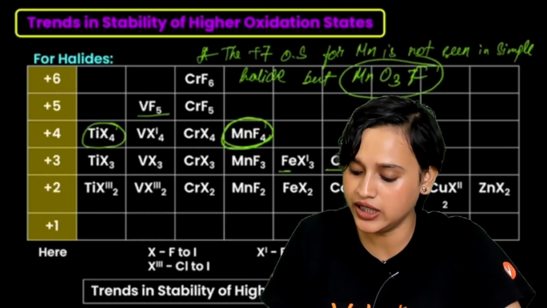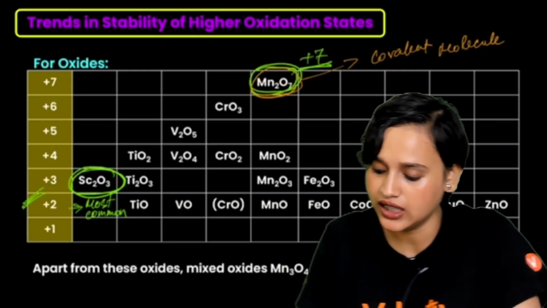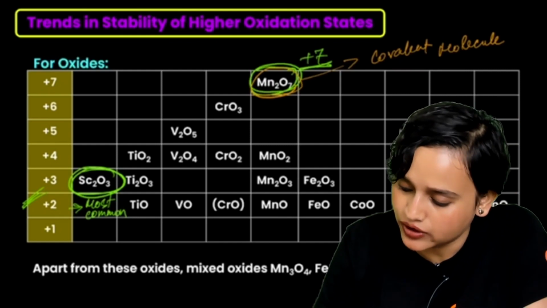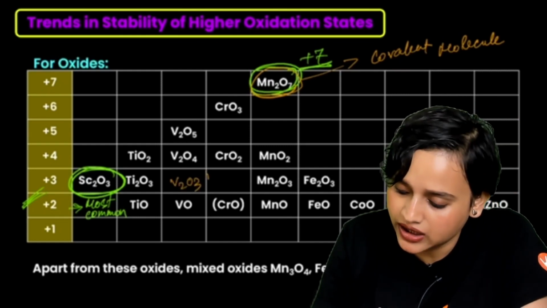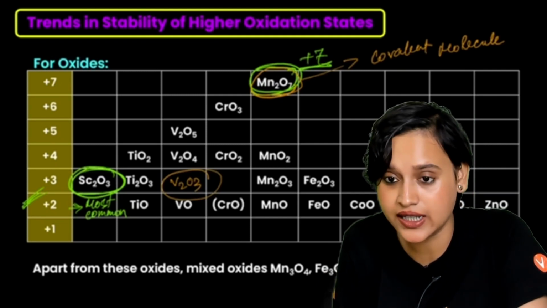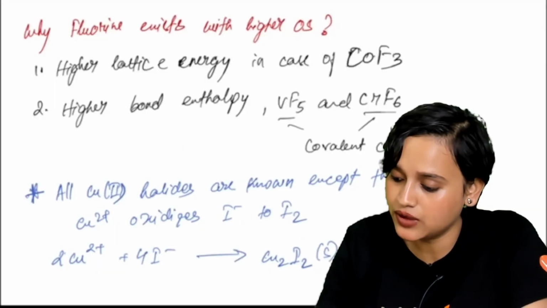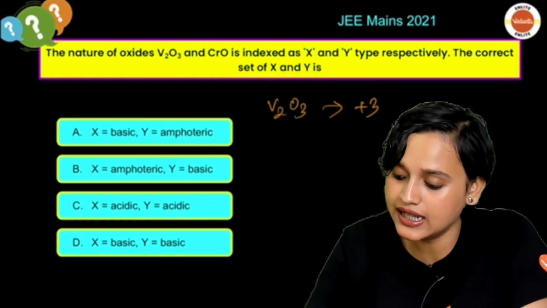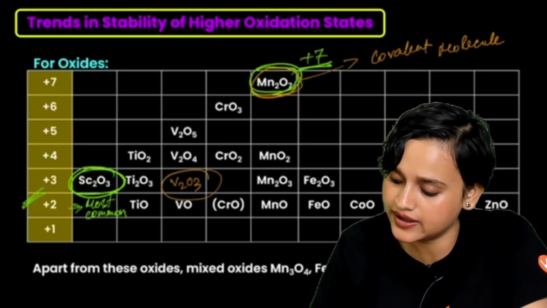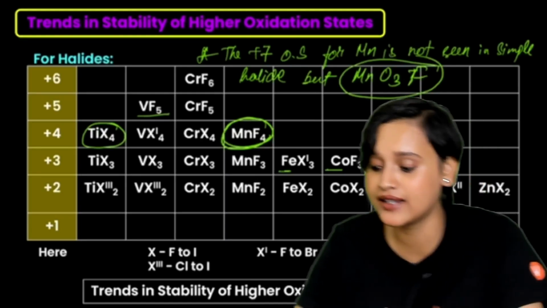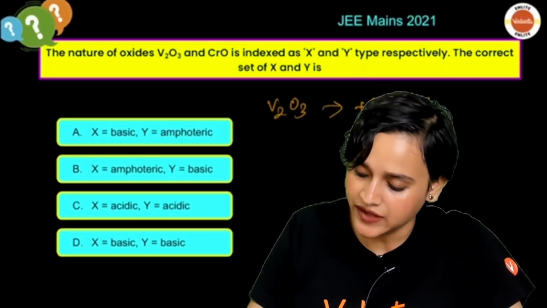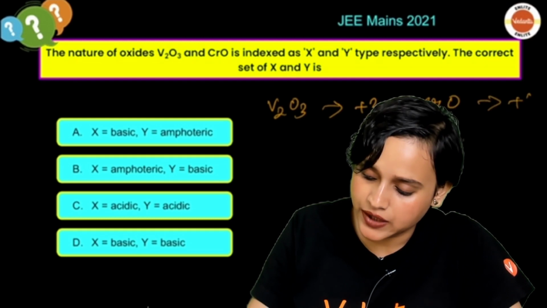If you don't believe me, you can check it out, V2O3 will be here with a +3 oxidation state. Next, CrO, where the Cr is in +2 oxidation state.